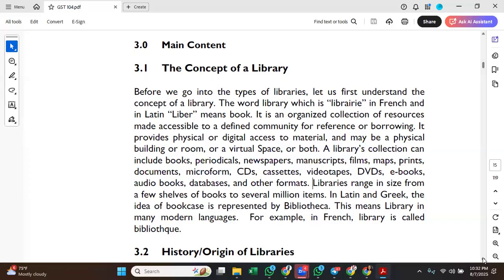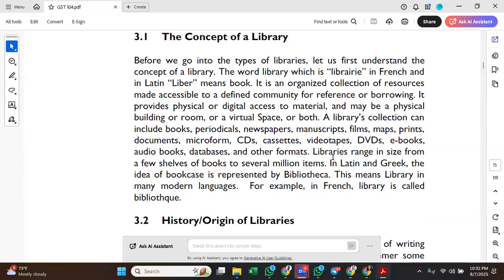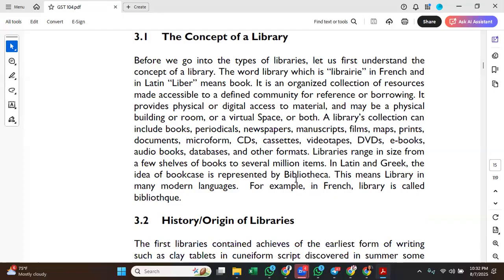Now, this is another thing, very important. In Latin and Greek, the idea of bookcase is represented by bibliotheca. So learn it that this bibliotheca is in Latin and Greek and it means bookcase.